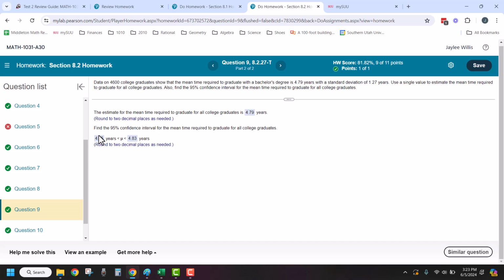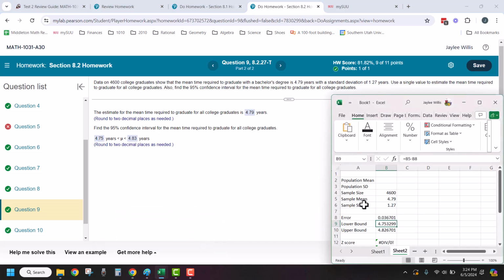So we're not sure that it's within that range because it is possible that maybe our sample just happened to be an outlier, but we're 95% confident that this range contains the true value of the population mean. So that's how I would calculate the error and confidence intervals here.